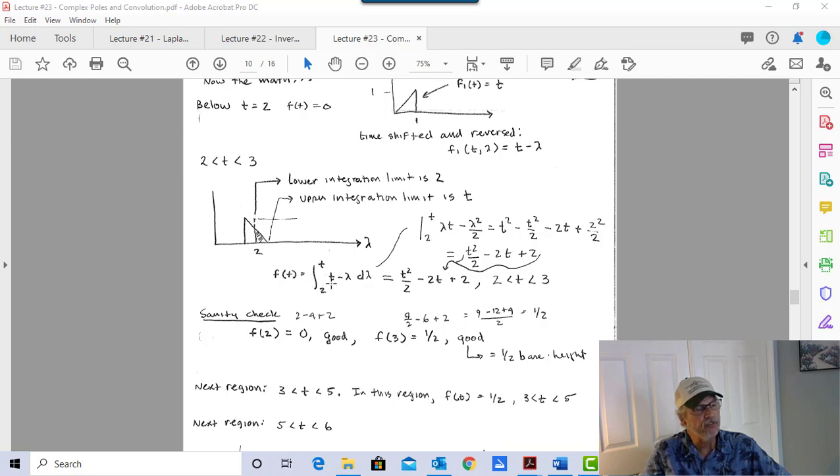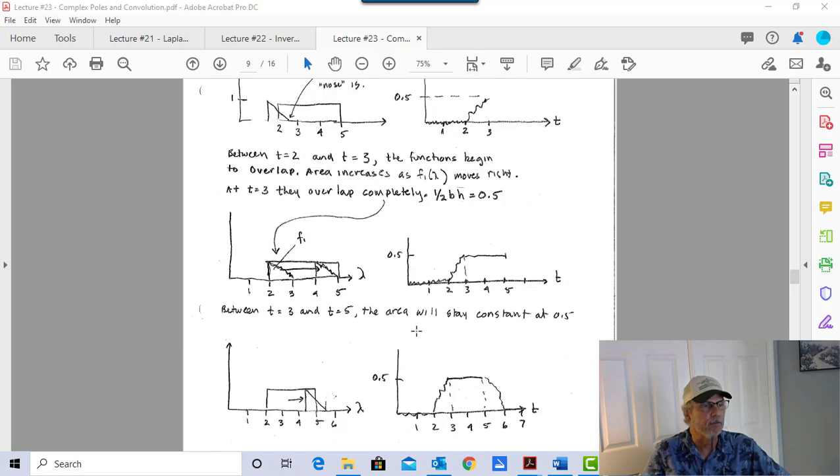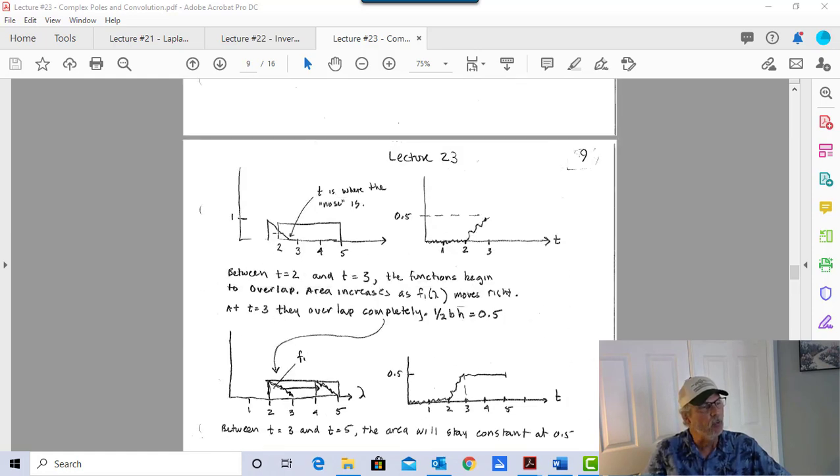Or in other words, it's shifted by t, and t is a constant in this integration. Okay, so again, what that gave us was the overlapping area here. When we did the problem graphically, we kind of waved our hands and said, well, it's going to increase until the triangle gets all the way inside here, and then it's going to be 1/2 the base times the height, which is 1/2. So we said it's going to kind of wiggle its way up and end up as 1/2.